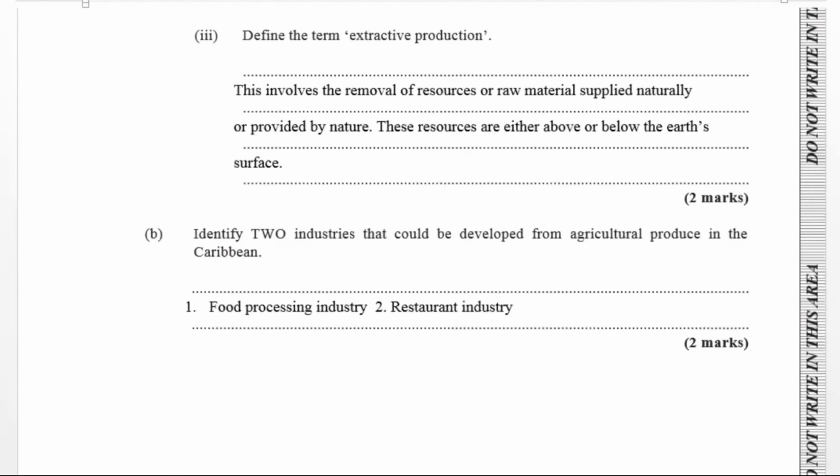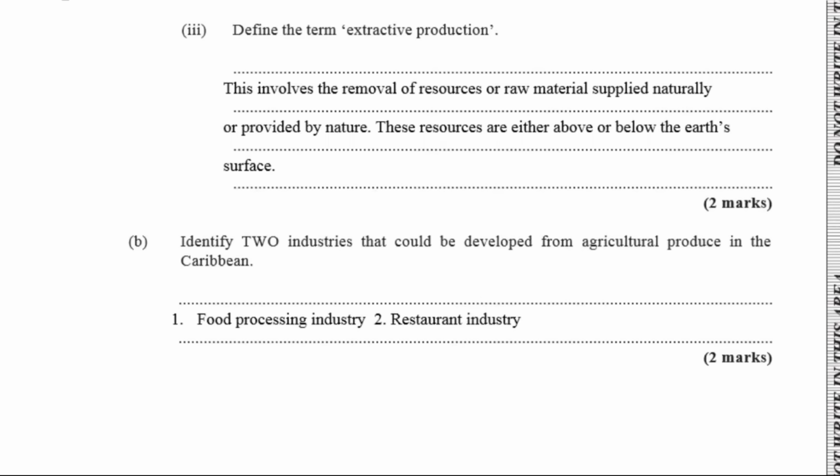And you have the next question, which says, identify 2 industries that can be developed from agricultural produce in the Caribbean. So basically, it's asking you what other businesses depend on the agricultural industry. Yeah, you have the food processing industry, right? So when you think of Grace, they will have their canned food and so on.